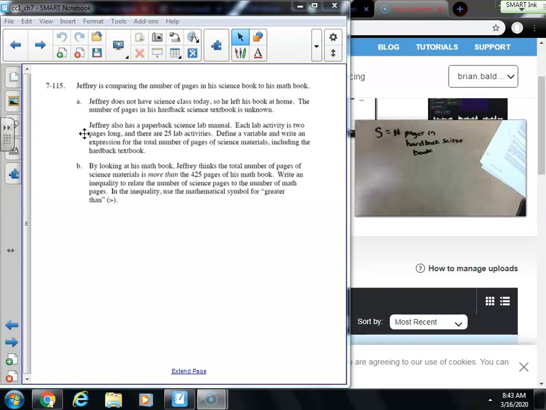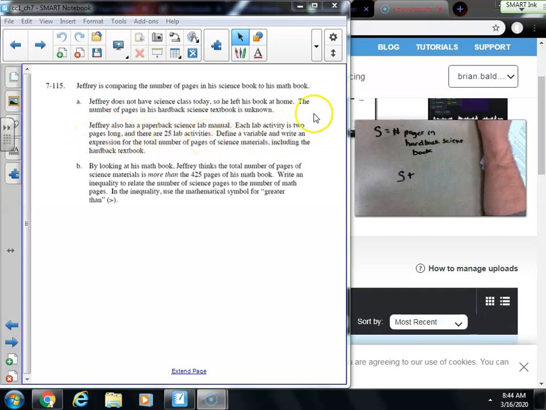So the second part asks us to go ahead and write an expression to represent the total number of science materials that he has. We know that 2 things make up his science materials: his hardback book, which we already identified as being S, but we also have his lab manual. His lab manual says each lab activity is 2 pages long, and there are 25 different lab activities.